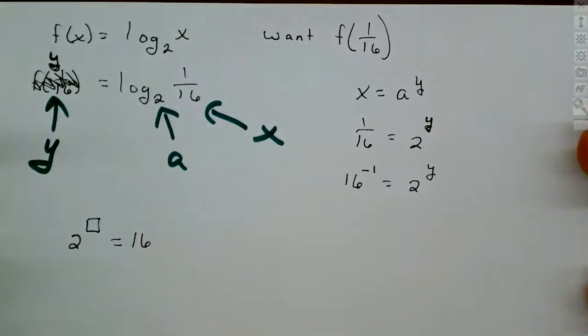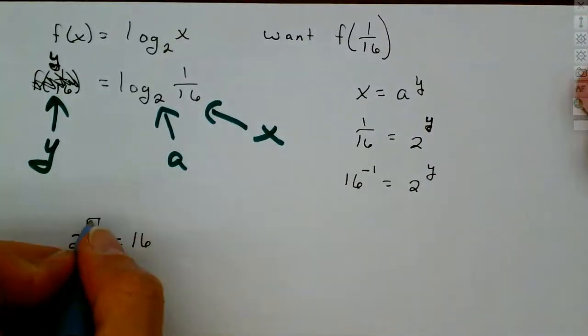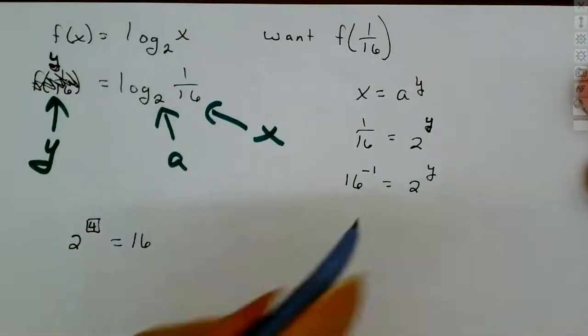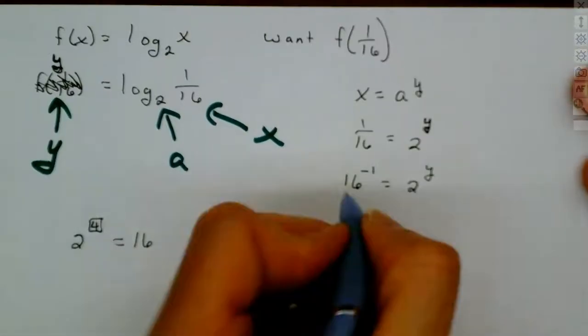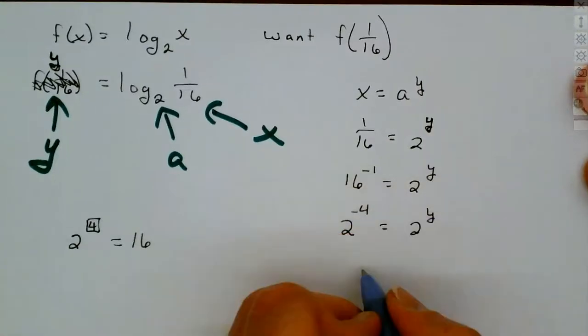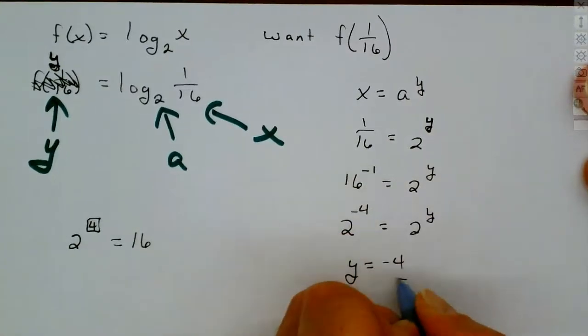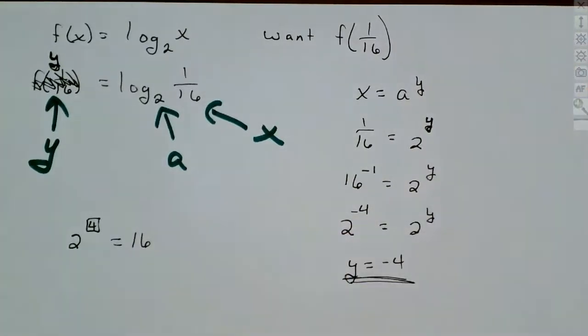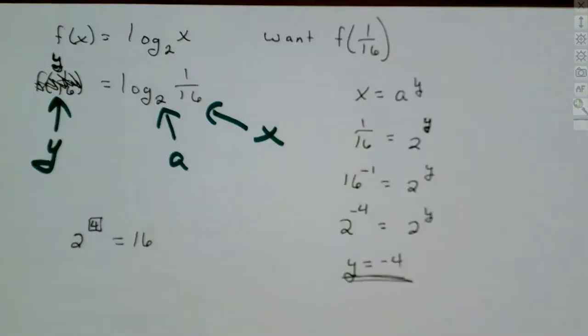Okay, 4, right? Because 2 cubed is 8. Yep, 2 to the 4th power is 16. So now I can rewrite this as 2 to the negative 4th power equals 2 to the y, and now the bases are the same, so I know that y must be negative 4. Is everyone okay with that?